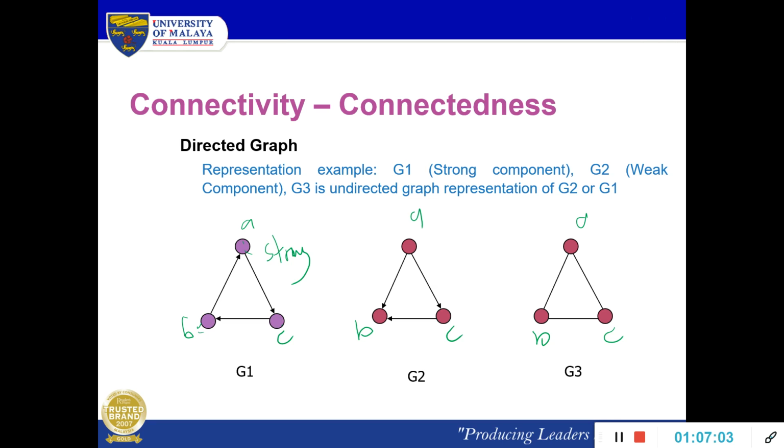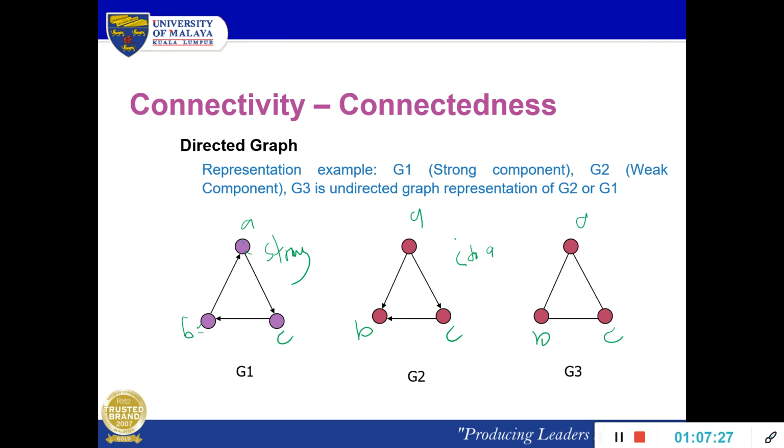This is undirected. Okay, G2 is a weak component. Why? If you want to go from A to B, yes, A to C, yes. Let's say you want to go from C to A. There is no path from C to A, because C to B and C to A is one way.